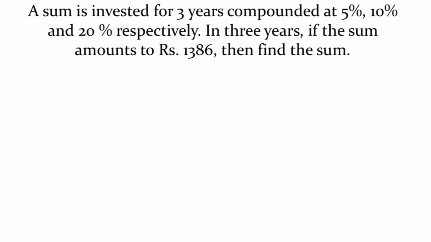The sum is invested for 3 years, compounded at 5%, 10% and 20% respectively. In 3 years, if the sum amounts to 1386 rupees, find the sum. Here, if P rupees are borrowed, the amount is 1386 rupees and the duration is 3 years.